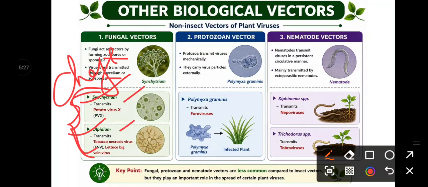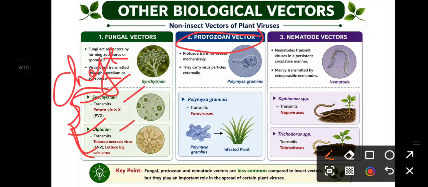Synchytrium transmits the potato virus X and Olpidium transmits the tobacco necrosis virus, lettuce big vein virus. Remember this example. These are very specific vectors. Tobacco necrosis virus is not transmitted by other vectors, it will be transmitted by Olpidium only. Then the protozoan vectors. Initially this was included under the fungal vectors only, but later when the fungal classification was updated in 2008, a new classification was given, and then this was separated from the fungal kingdom.